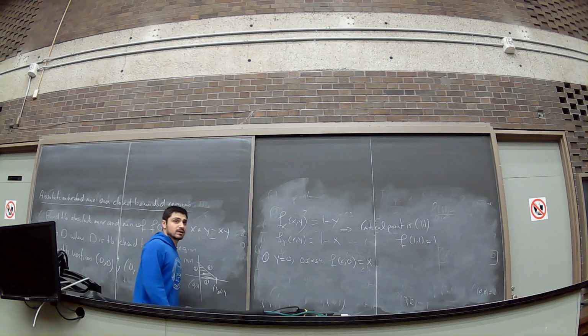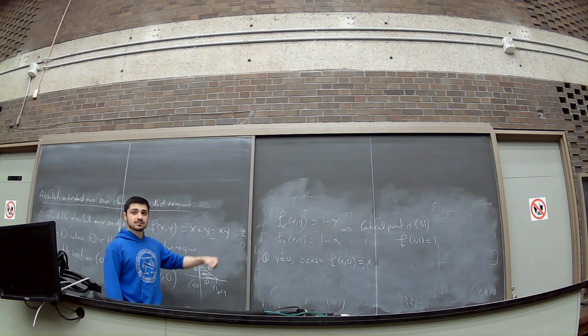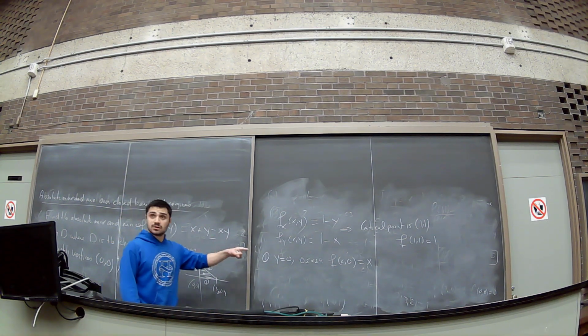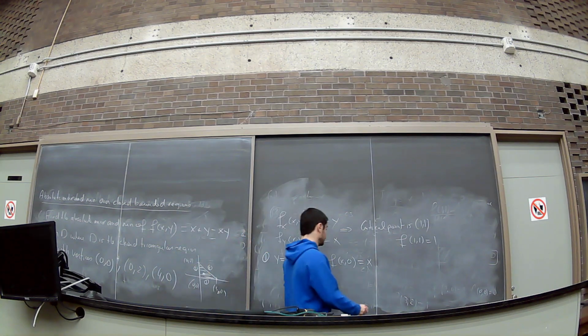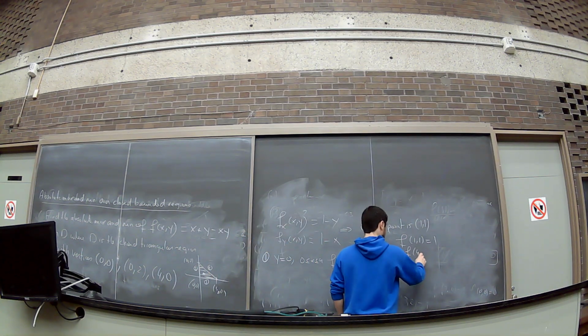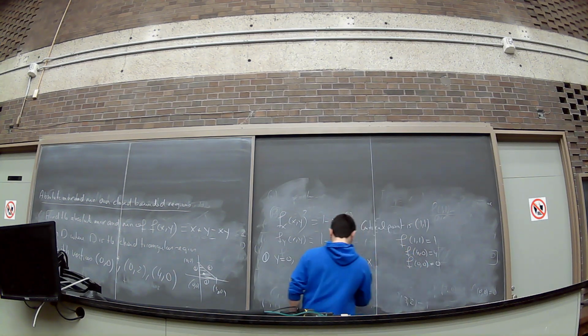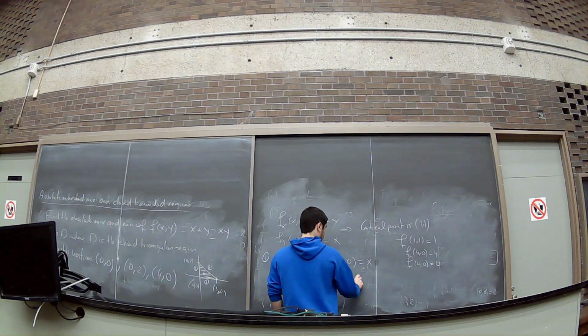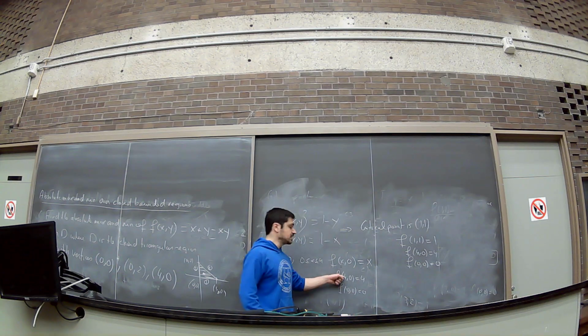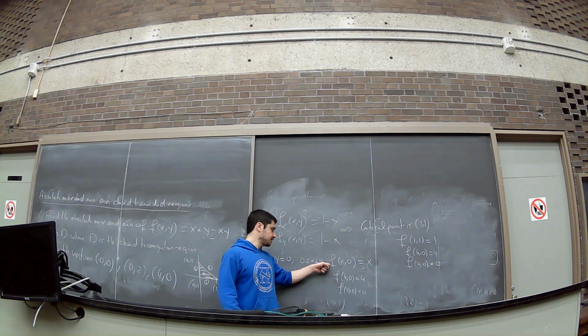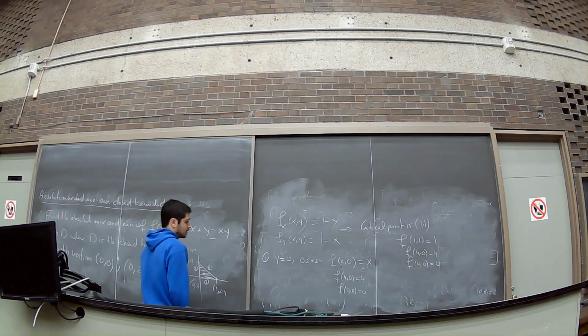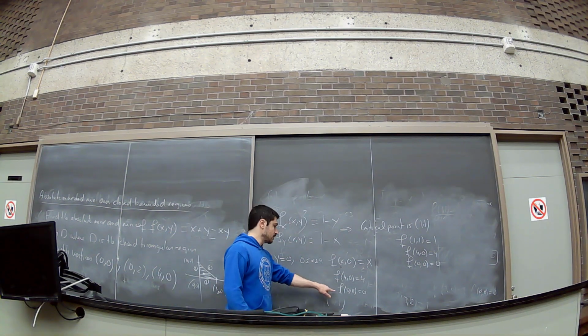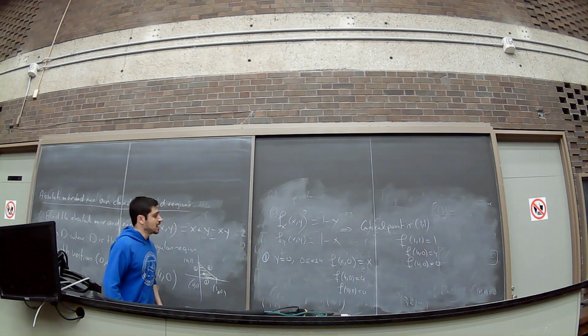What is the maximum and what is the minimum of x? At x equal to 4, I have f(4, 0) equal to 4. And I have f(0, 0) equal to 0. This is the max of f on this line, and this is the min of f on this line. Great.